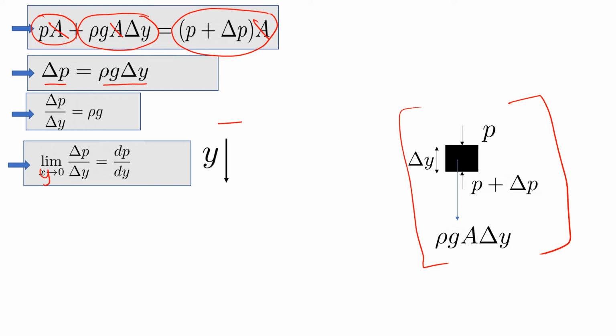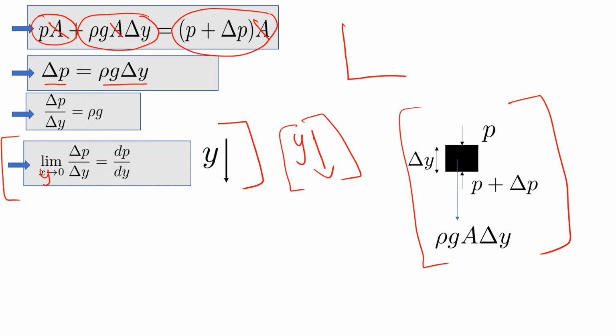See, we have calculated this equation based on the idea that y is taken downward. Usually in a coordinate system you can see that y is taken upward, that is x and y, but for convenience we have taken y downward. So we want to change it to this coordinate system.